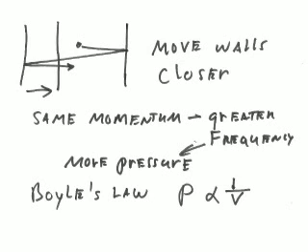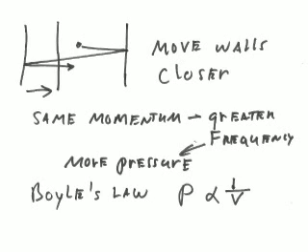And so we have another gas law. Pressure depends on how far apart the walls are. Working in three quantities, moving the walls closer together changes the volume of the container. And so the pressure depends on the volume of the container.